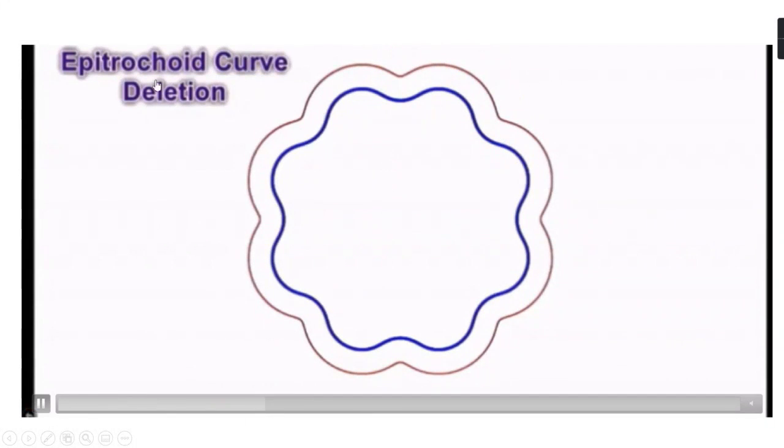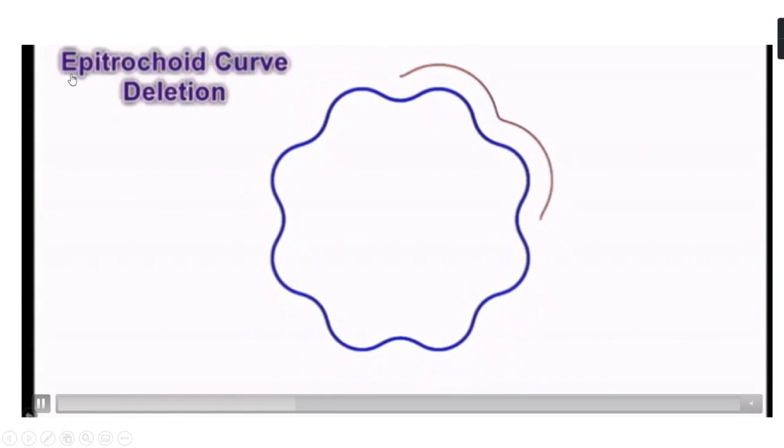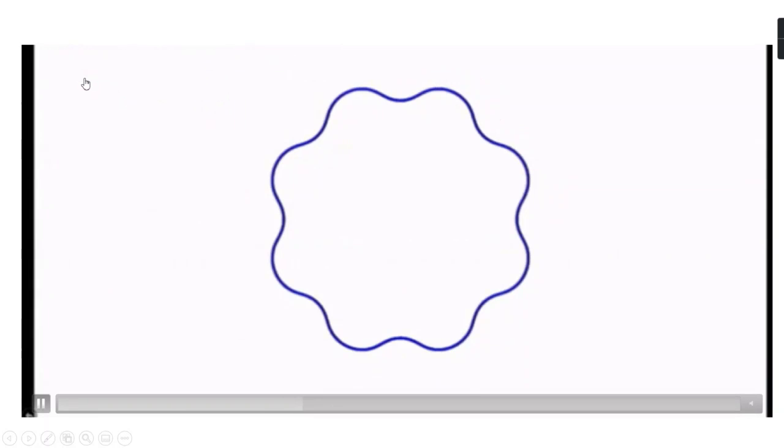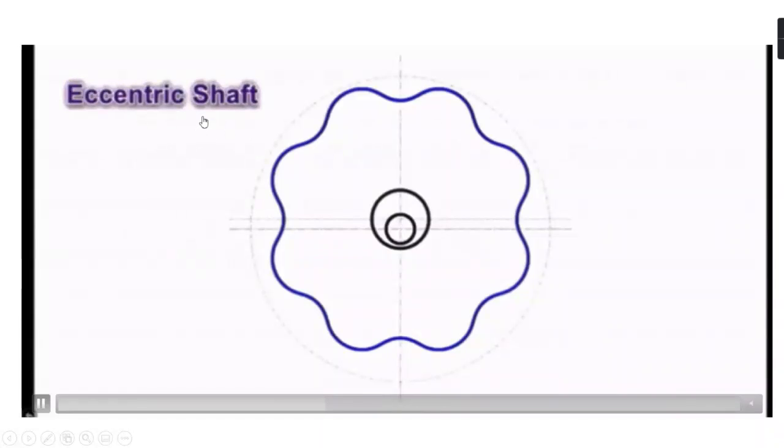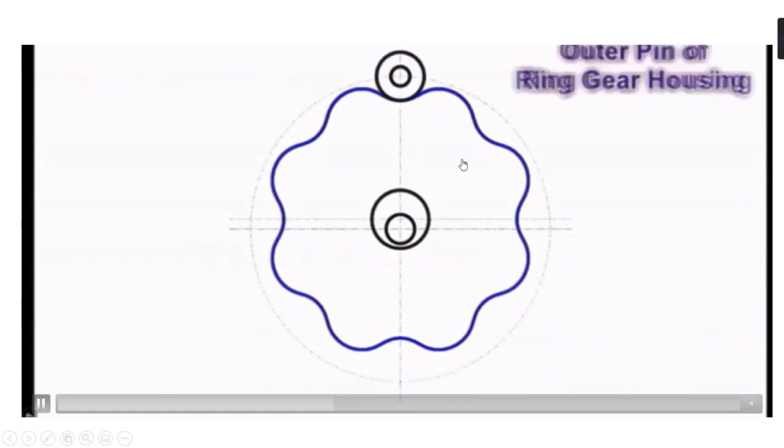This is your epitrochoidal curve. What does epitrochoidal curve mean? When the point is outside of the curve. So these are the parts of the shaft. This is your outer pin and ring gear housing.